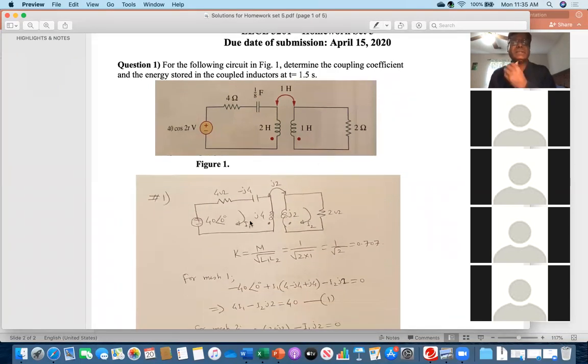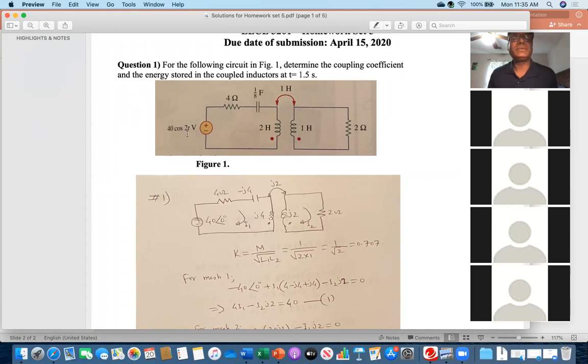First you have to convert into the phasor domain. That's why the phasor domain circuit shows 40 at an angle of 0 degrees, then 4 ohm, and 1/8 farad, 1 over j omega C. So 1 over j omega times 1/8, so 8 goes in the numerator.